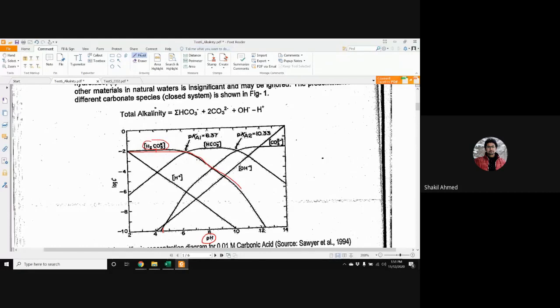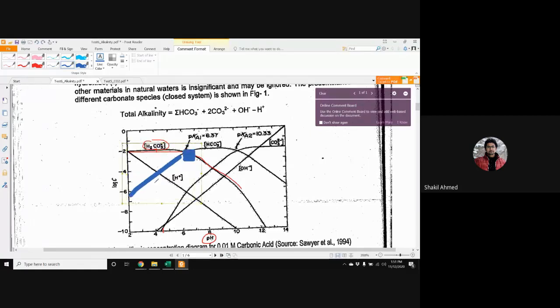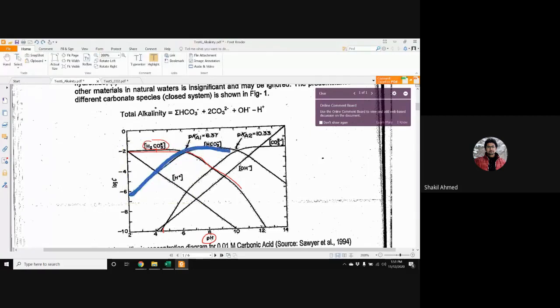This curve is for whom? Bicarbonate. And this line for whom?